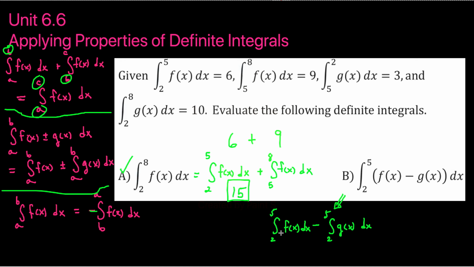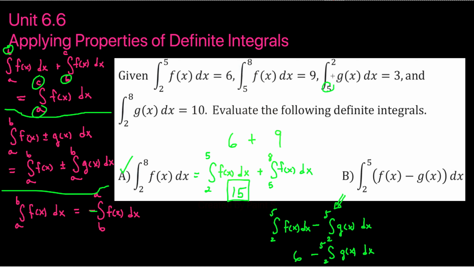Now I look at this and say to myself, I know the integral of f of x from 2 to 5 is 6, so that's all good. Now let's see what the integral from 2 to 5 of g of x dx is. Once I get this, I'll know my answer. It tells me that from 5 to 2, the integral of g of x dx equals 3.